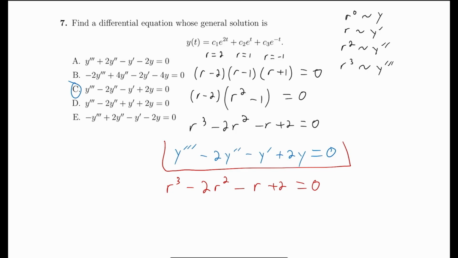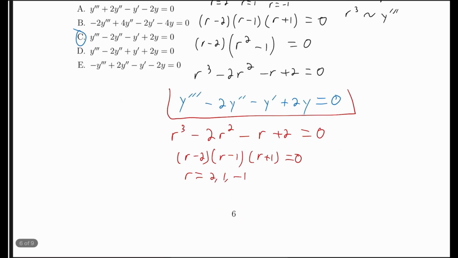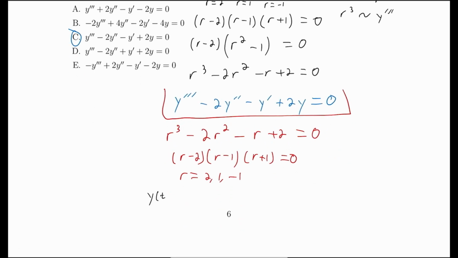And then you would factor this. We know from here that this will factor nicely into r minus 2, r minus 1, r plus 1, which means roots are 2, 1, negative 1. And then if we were to write this in the form of our solution, we would get y of t is equal to, every root is going to have a corresponding term because there are no duplicates.